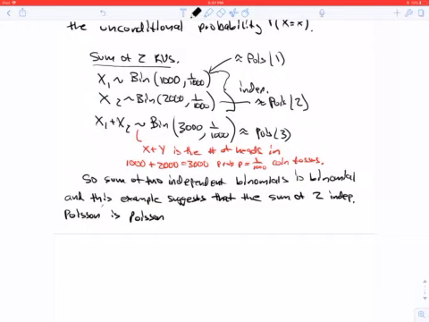So we want to look at the sum of two random variables. Let's say that x1 is binomial and x2 is also another binomial, and these are independent. So you can think of it as, I'm flipping a coin 100 times, and I'm flipping that same coin another 200 times.